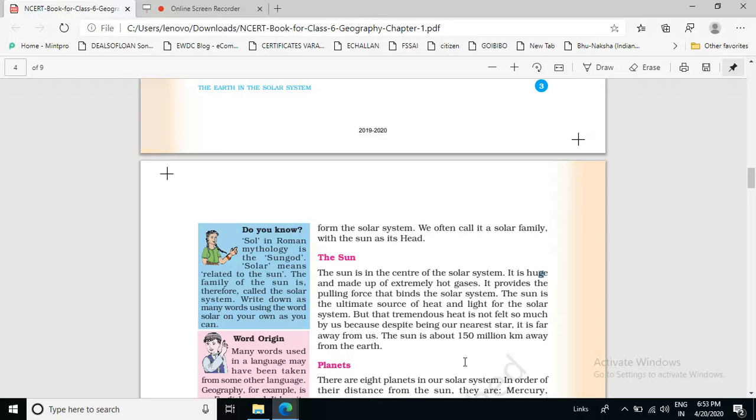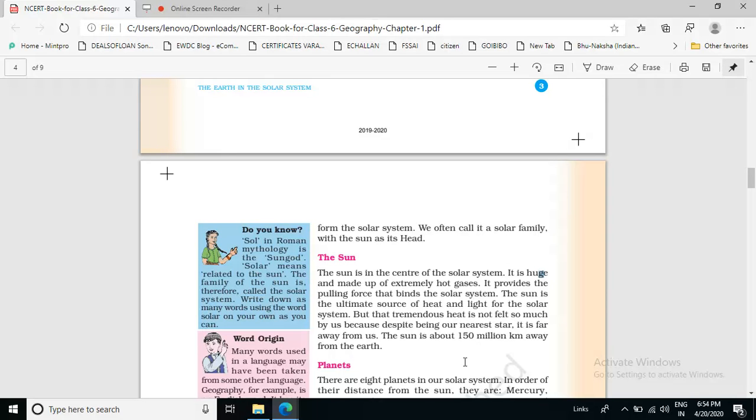There is some force in the sun through which it pulls all the planets towards itself, and that is the reason that all the planets, all the satellites, meteoroids and asteroids, are all at their fixed place in the solar system. So it is the pulling force of the sun that binds the solar system.